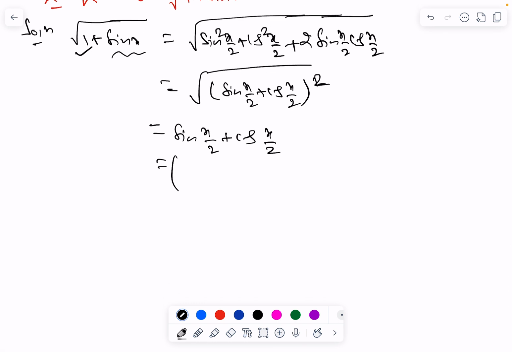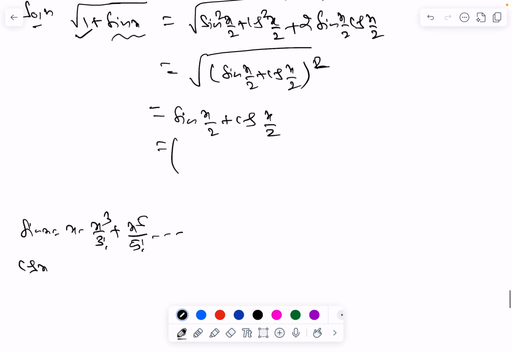Now the series of sin x is x minus x cubed by 3 factorial plus x power 5 by 5 factorial and so on. And we need series of cosine x also. That is 1 minus x square by 2 factorial plus x power 4 by 4 factorial and so on.